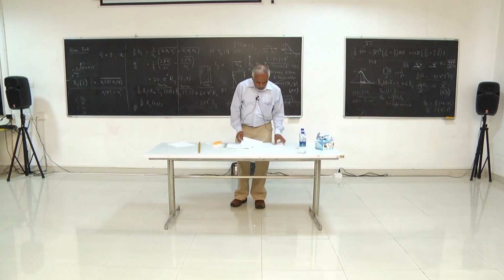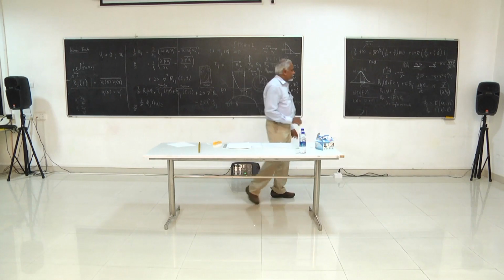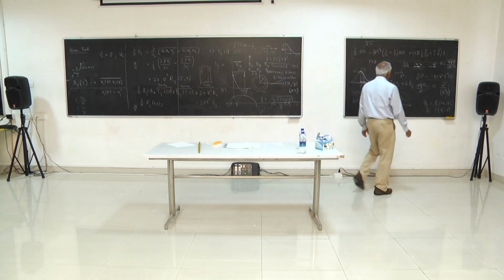Okay, I think we can stop here. Tomorrow what I would like to do is to take you through not the solution of this equation, but the most important phenomenology in turbulence known as the Kolmogorov phenomenology. And as an introduction to that, let me put it this way.